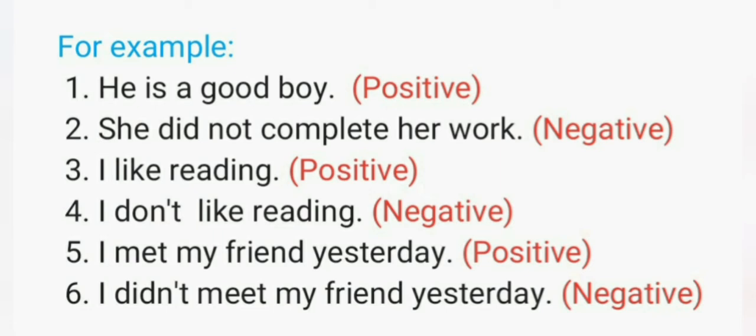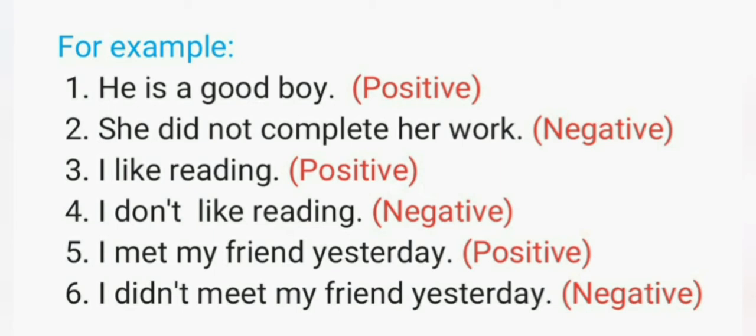Students, you can see this sentence tells us something. And structure, first of all we have subject, that is he here. Then we have verb, that is is, and after verb we have object. It is a positive sentence. Now go to the next one.